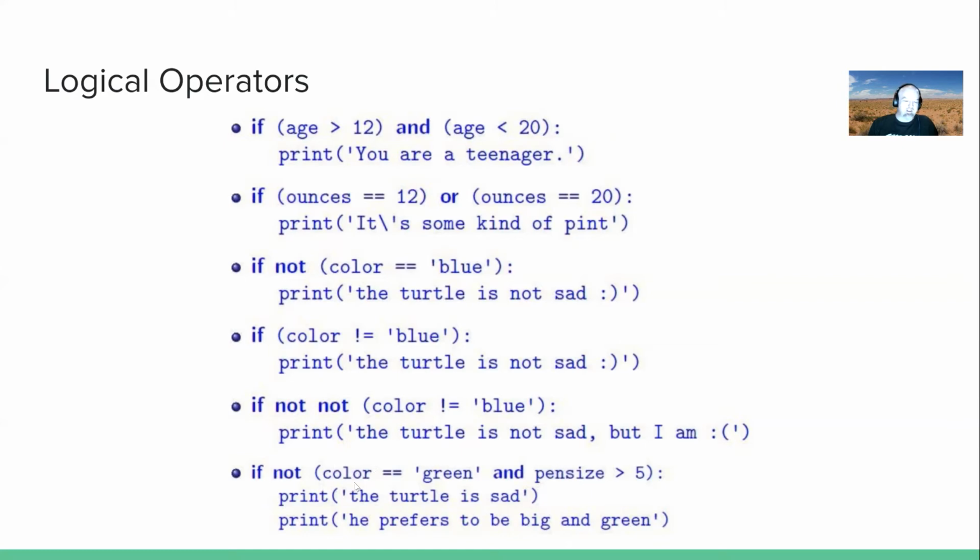Because both sub-statements are true, this whole and statement would also be true. And then you threw a not in front of it, and so it would be false, right? Conversely, if the color were blue and the pen size were greater than 5, this would be false, this would be true. The whole and statement would be false, and then you throw a not in front of it, and this would be true and get printed, right? Hopefully that'll make sense.